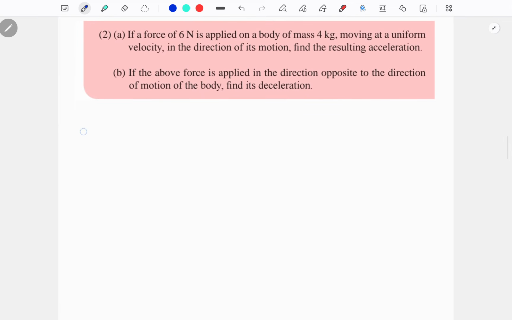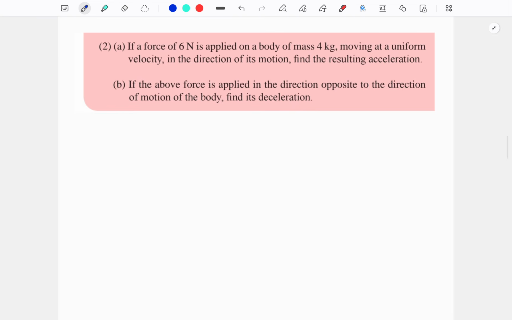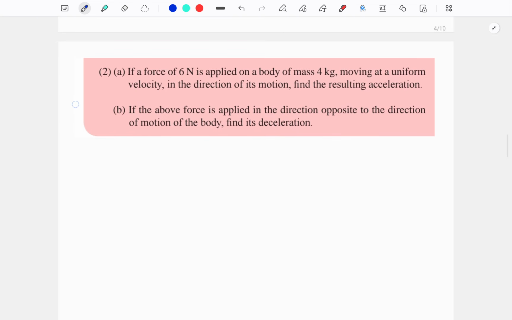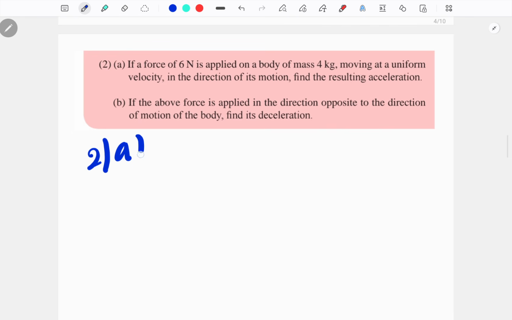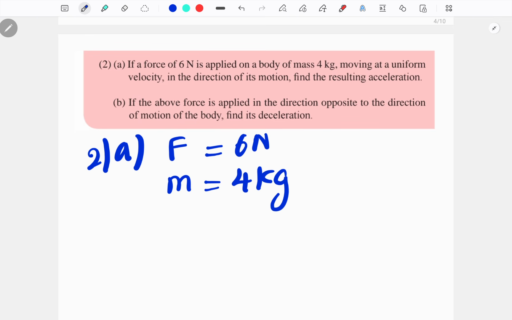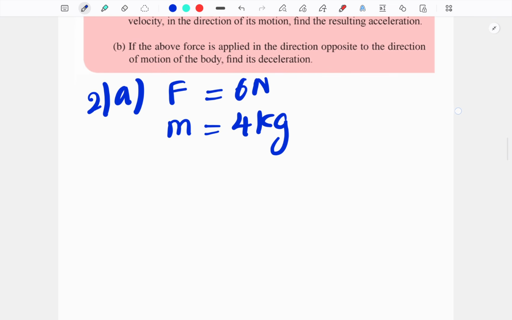Let's move to the other two parts of that question. So if a force of 6 Newton is applied on a body, now 2A, force is what? 6 Newton, mass is 4 kg, moving at uniform velocity in the direction of its motion, finding the resulting acceleration.